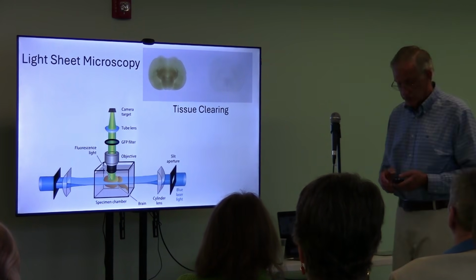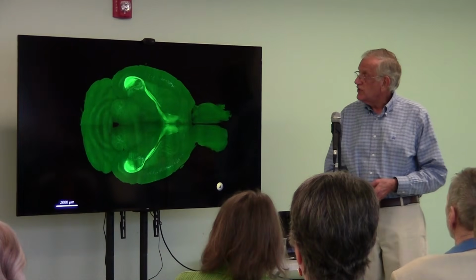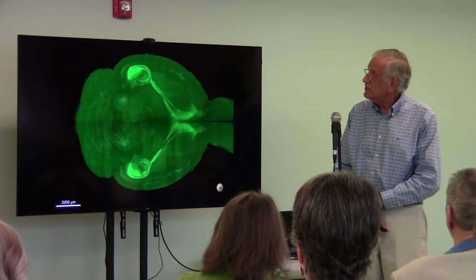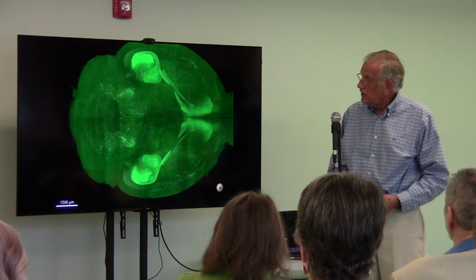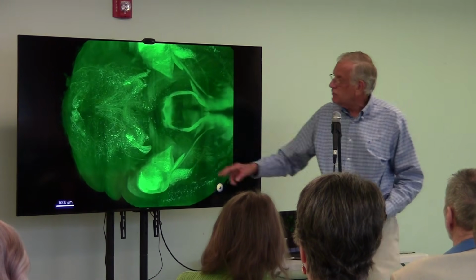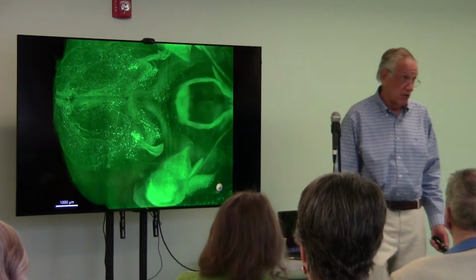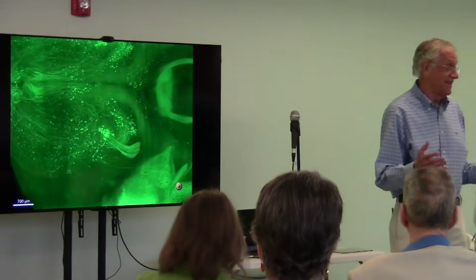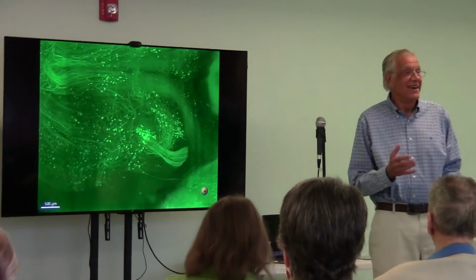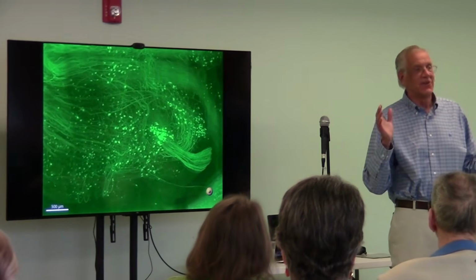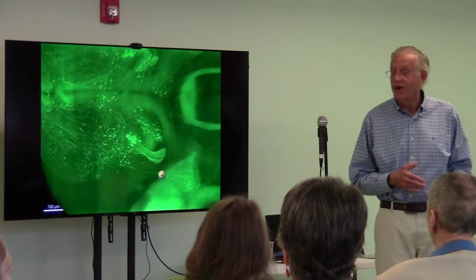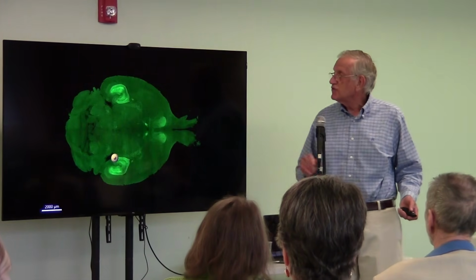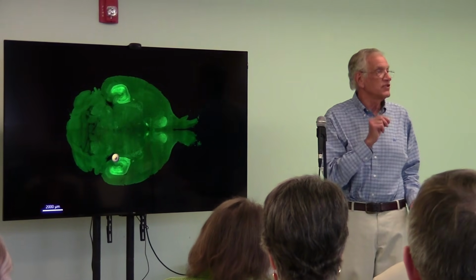You can label all sorts of things. So this is a mouse that has been created so that it puts one of these proteins called green fluorescent proteins. I'm not kidding. A guy named Roger Tsien, another wonderful guy, Berkeley, Nobel Prize. Those are the individuals, those bright dots are individual cells.